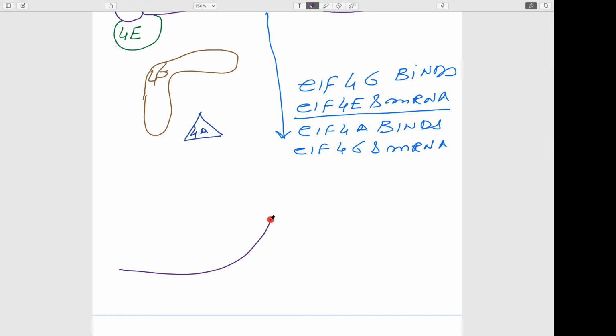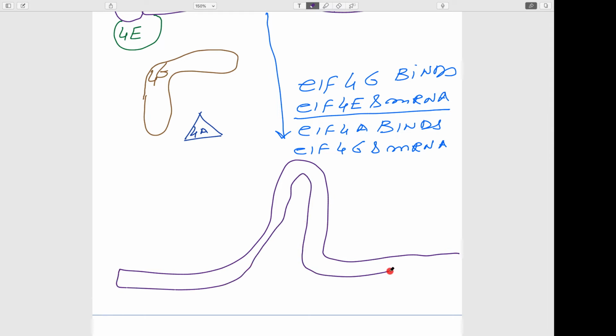This is messenger RNA, 3', here it is AUG, and this is the cap. Then the binding of the cap recognizing protein 4E has taken place. Then there is the binding of 4G.